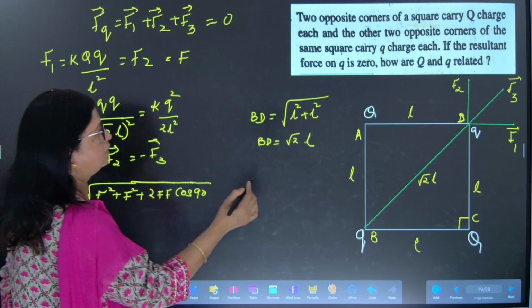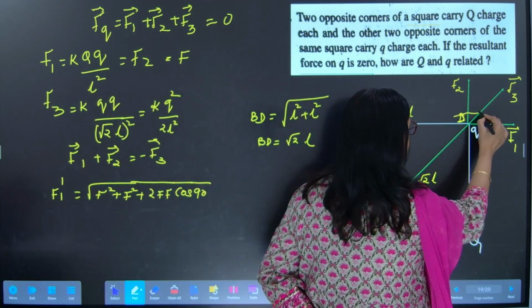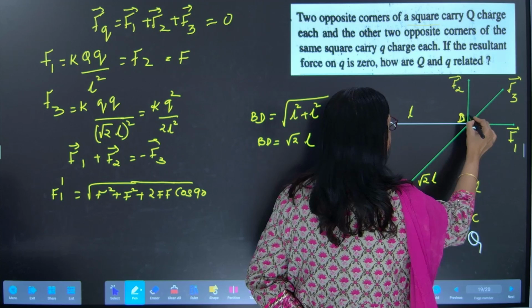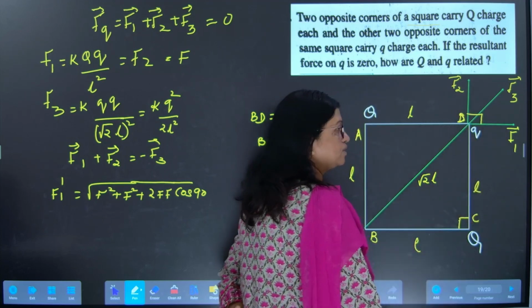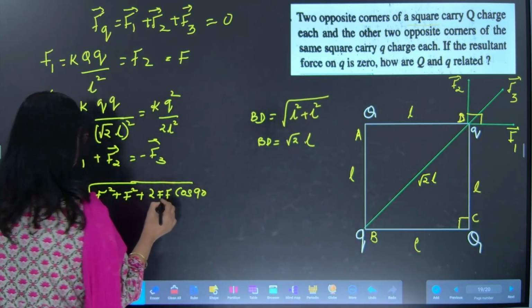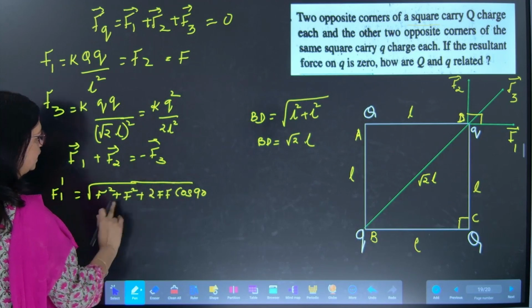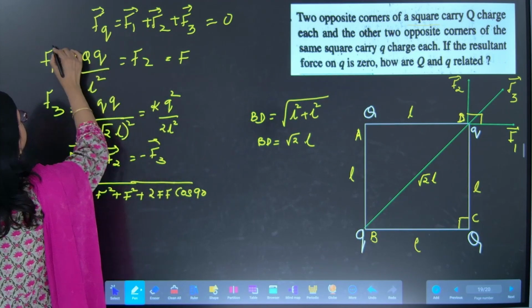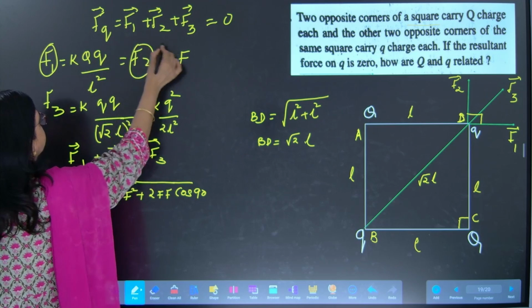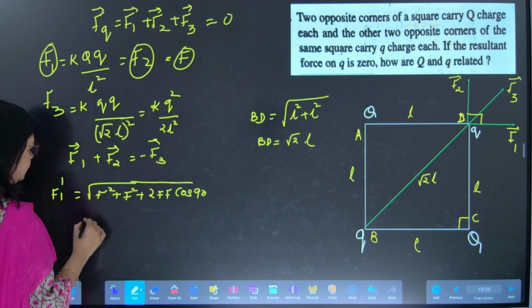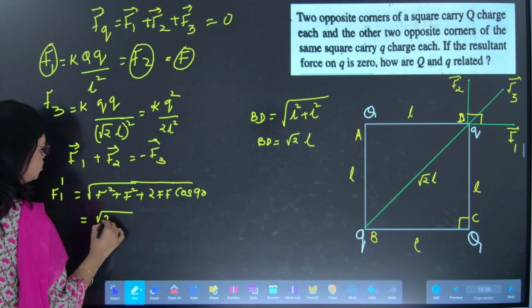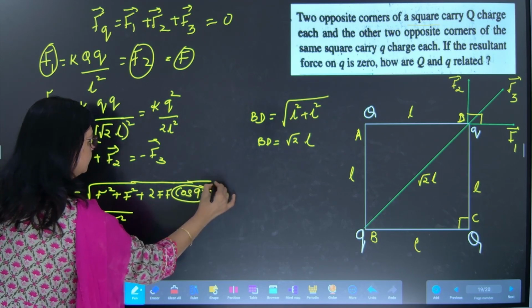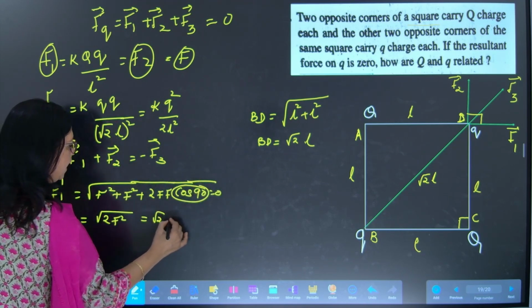Reason: the angle between the two vectors F1 and F2 is 90 degrees, right? So we substitute here 90 degrees as the angle between these two vectors, where I have substituted F1 is equal to F2 is equal to F. So we have here only 2F square as cos 90 is equal to 0, right? So my answer goes to root 2 F.